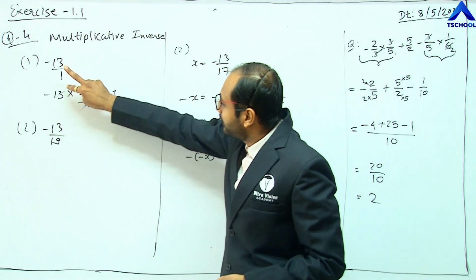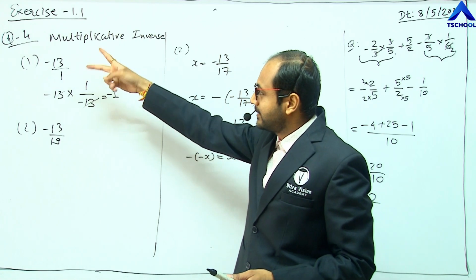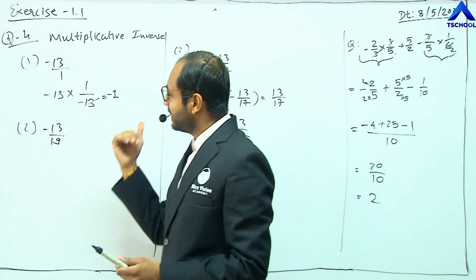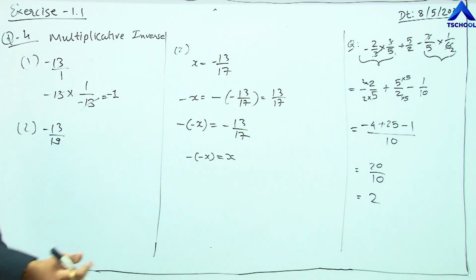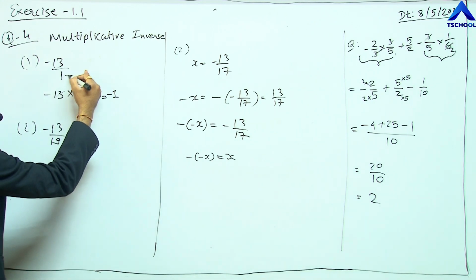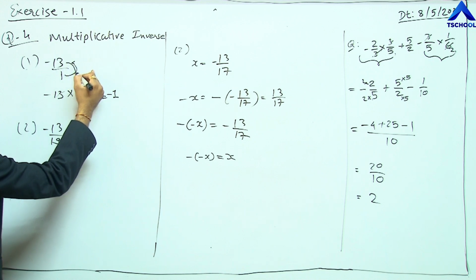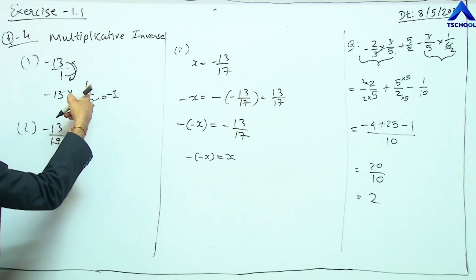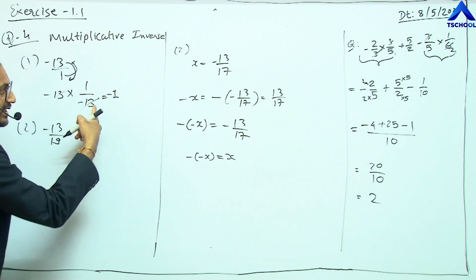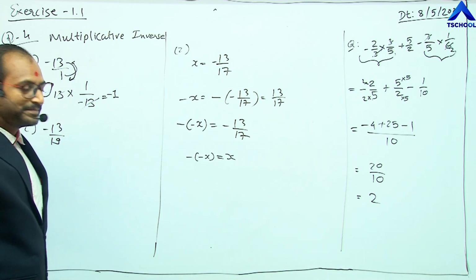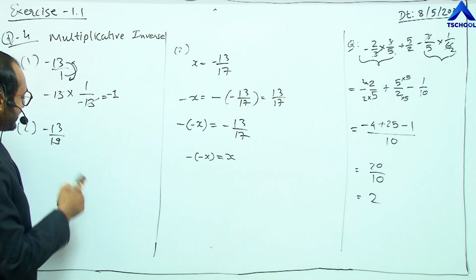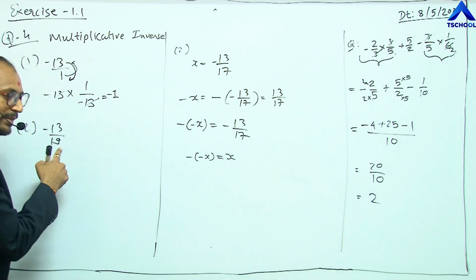So we can consider the denominator contains 1. Hence, the inverse of this number is the interchange of place of denominator and numerator. Here, denominator goes in numerator and numerator goes in denominator. So the reciprocal of this is 1 upon minus 13. Clear? Similarly, minus 13 by 19.